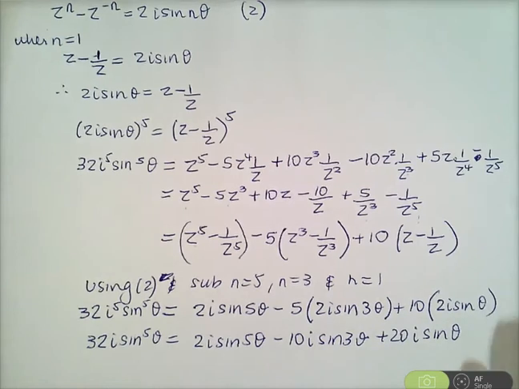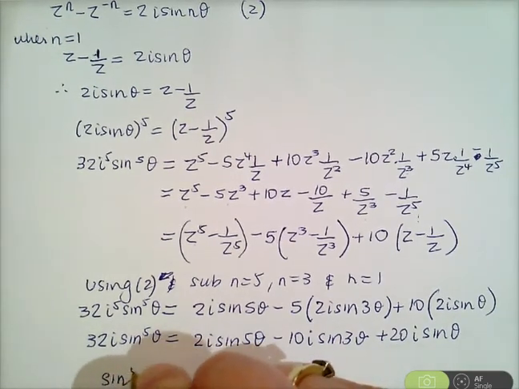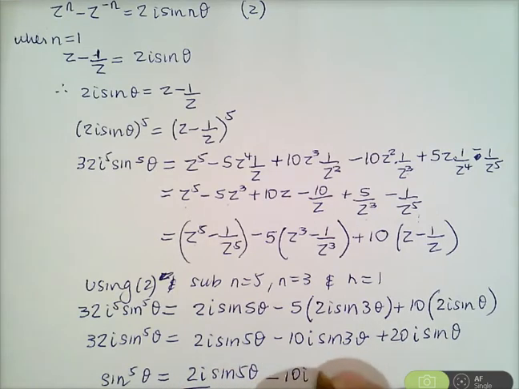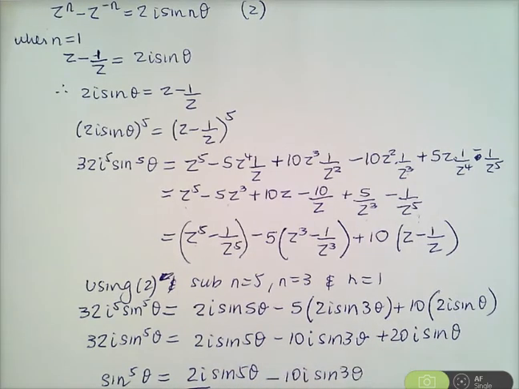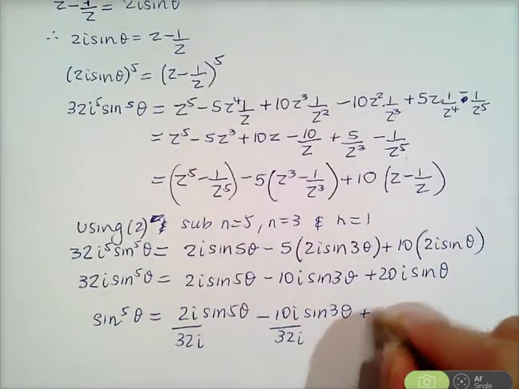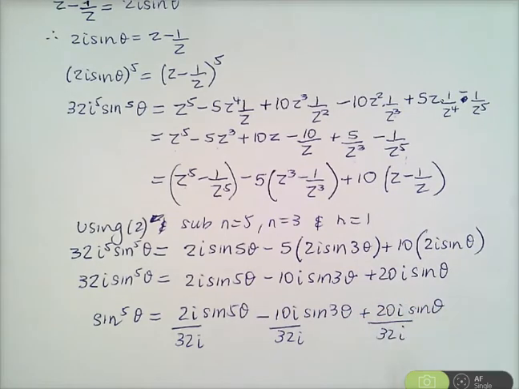Now if we divide through by 32i, we get sine to the power of 5 theta is 2i sine 5 theta over 32i minus 10i sine 3 theta over 32i plus 20i sine theta over 32i.